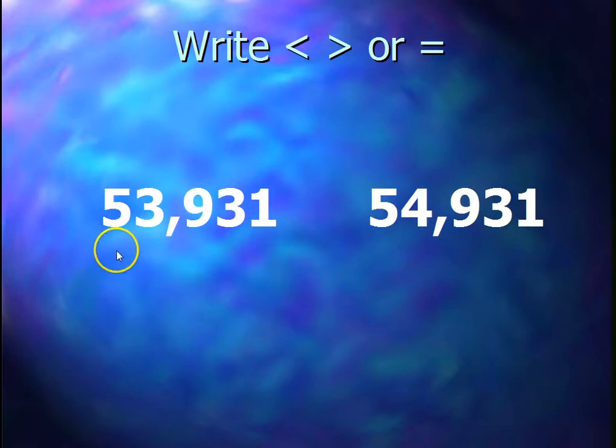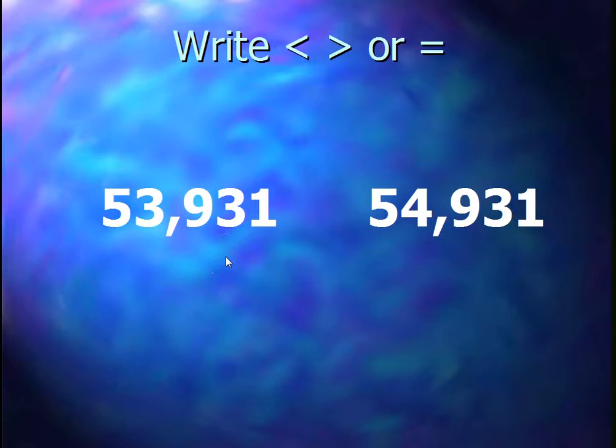They're both the same, so we must go to the next number. So we have a 3 here in the 1,000s spot and a 4 here in the 1,000s spot. So which is bigger, 3 or 4? Well, I think a 4 is larger than the 3. What do you think? Do you agree? Well, if that's the case, then 54,931 must be the bigger number.